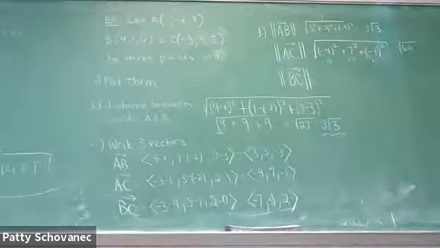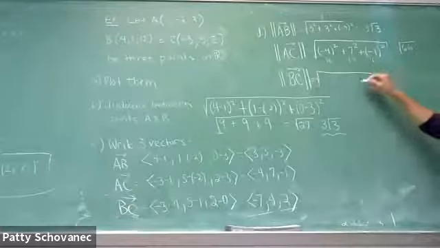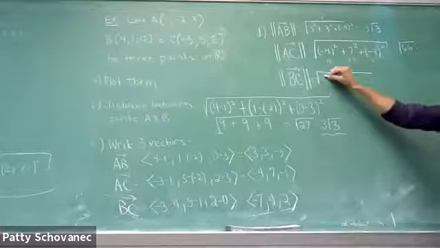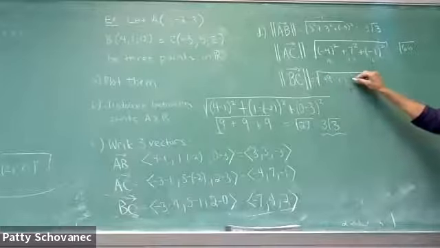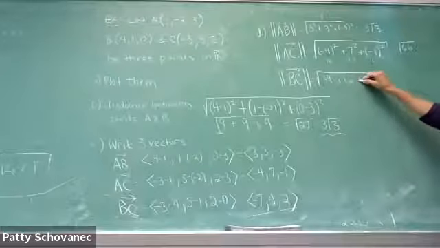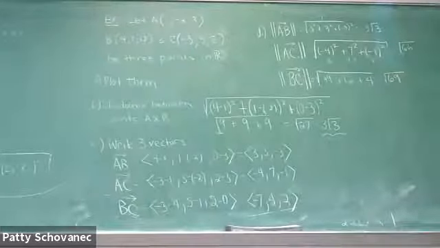I don't think I see any perfect squares in there. BC has as its length negative 7 squared. I'm going to go ahead and just put 49. 4 squared is 16. 2 squared is 4. So 20 plus 49 is the square root of 69. Okay?